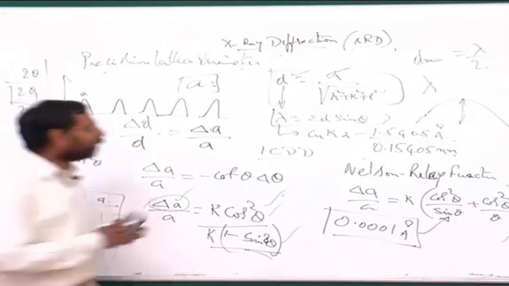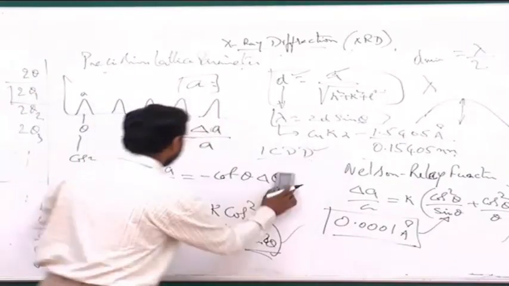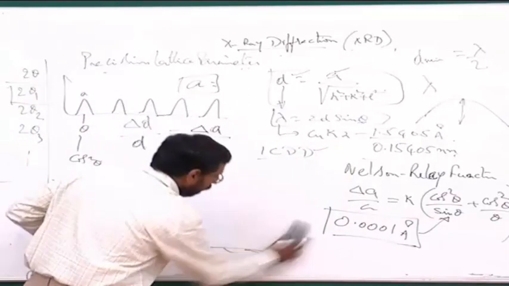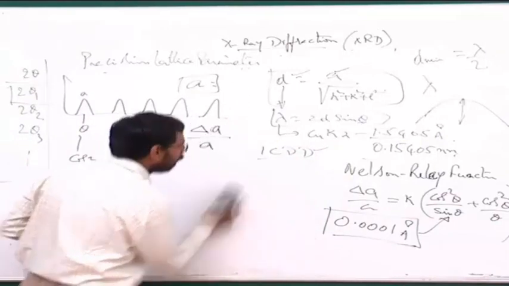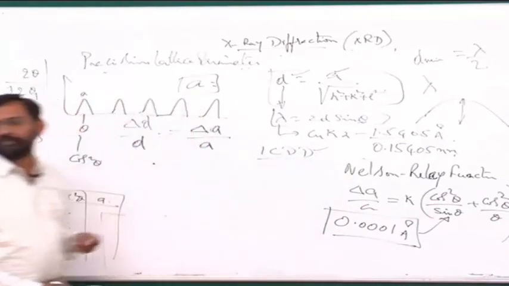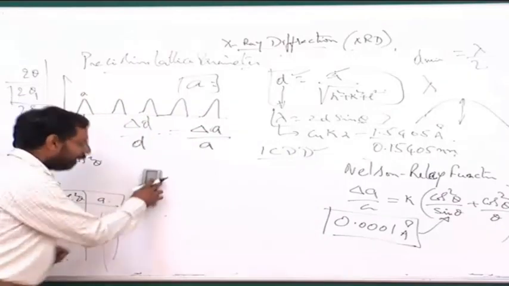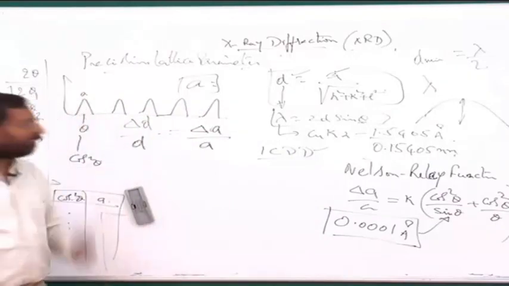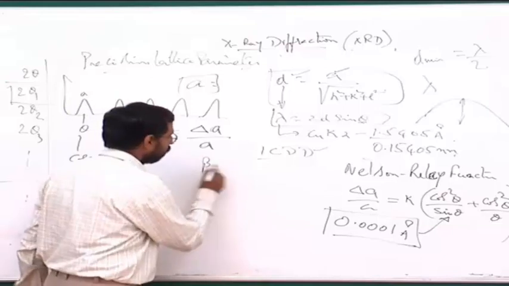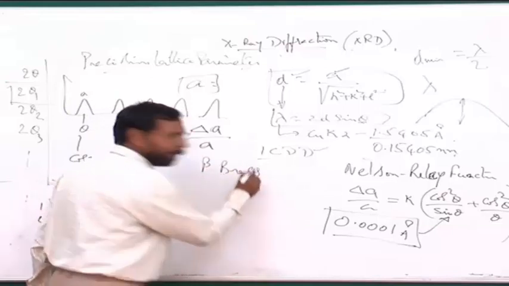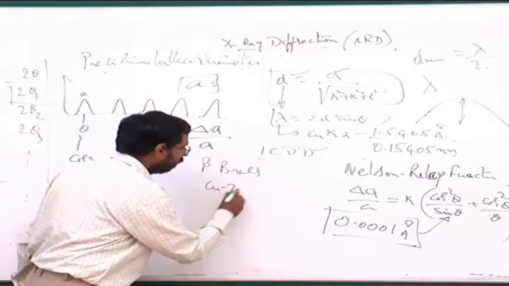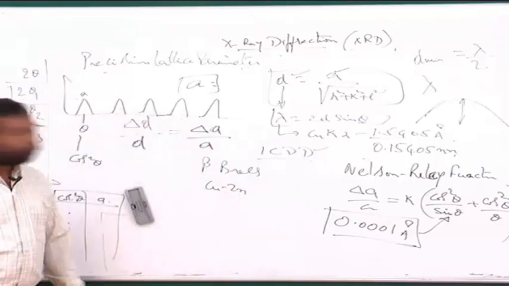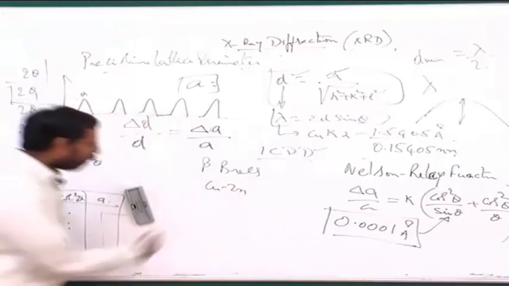The reason why you need to confirm this is this. Many times your phase may not be exactly matching with this. For example, if I talk about a phase such as beta brass, beta brass is a copper zinc phase, and it exists over a range of composition.